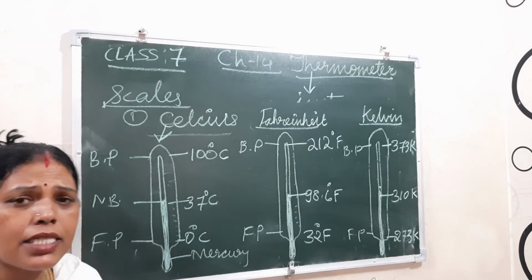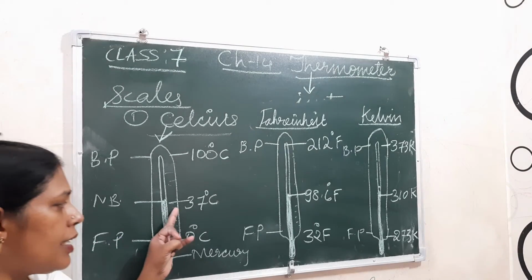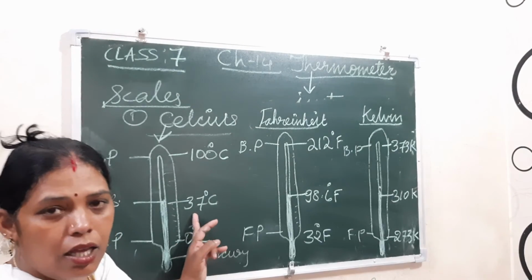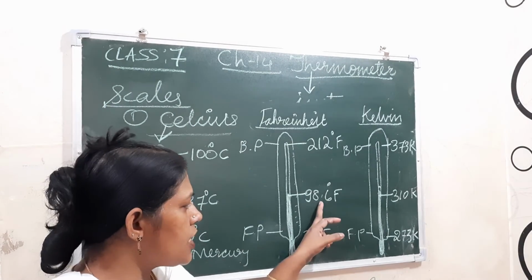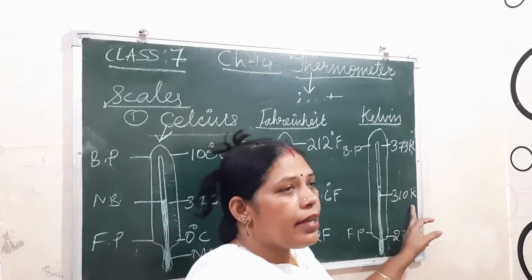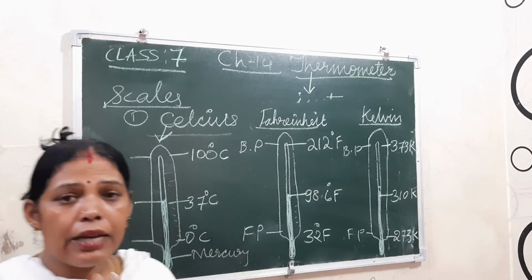The normal body temperature is 37 degrees Celsius, 98.6 degree Fahrenheit, and 310 in Kelvin. Okay children, this way we can measure and compare.